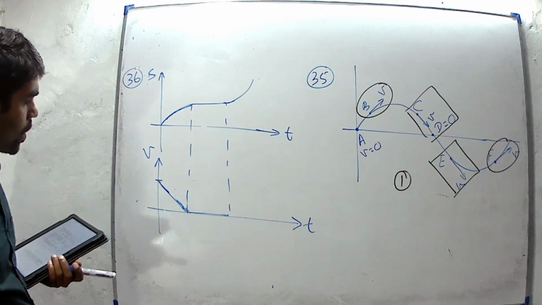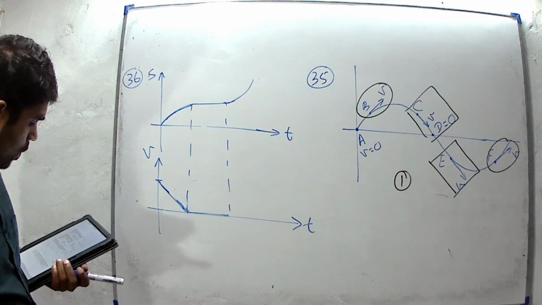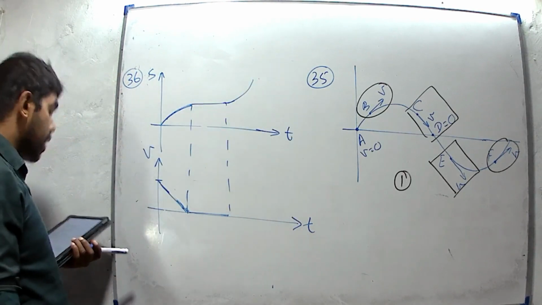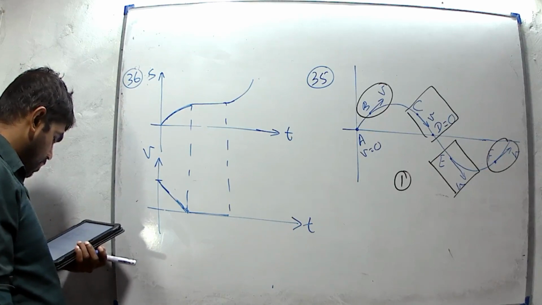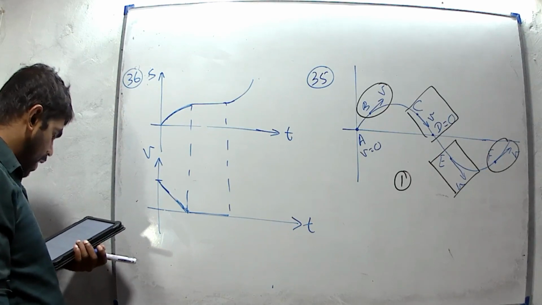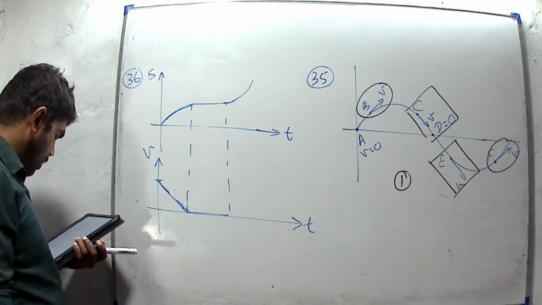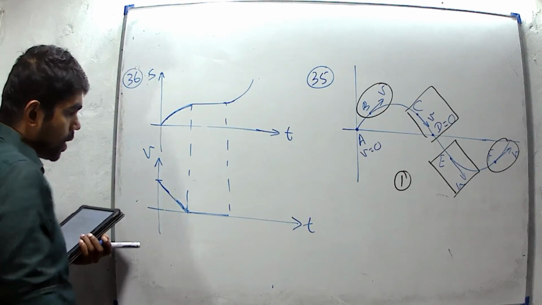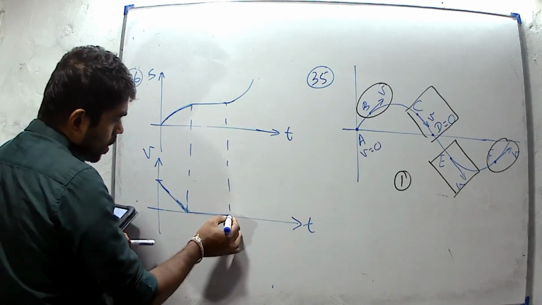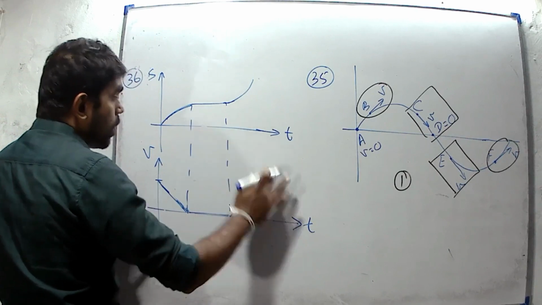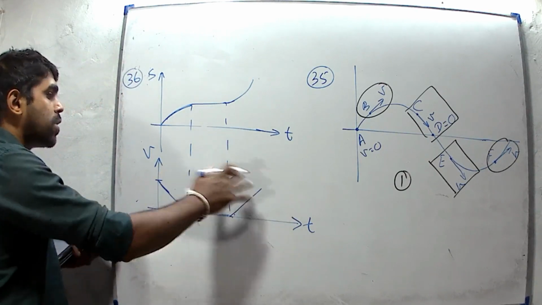Therefore, gradient is 0. And for this part, the gradient is increasing, but in the same direction, not the opposite direction. Therefore, we have to consider it should be like this. Sorry, like this. Velocity is positive in both situations.